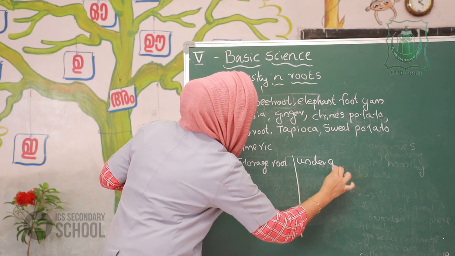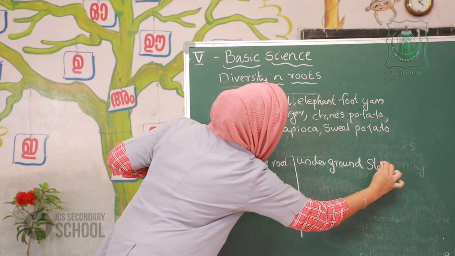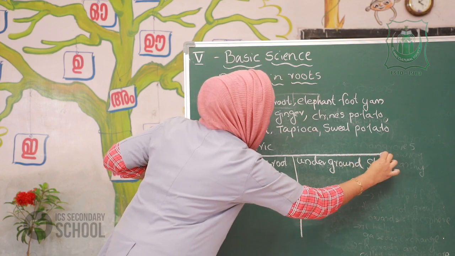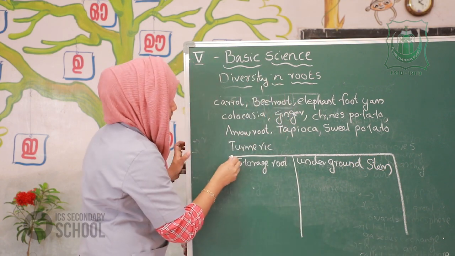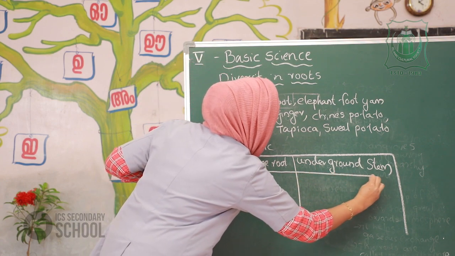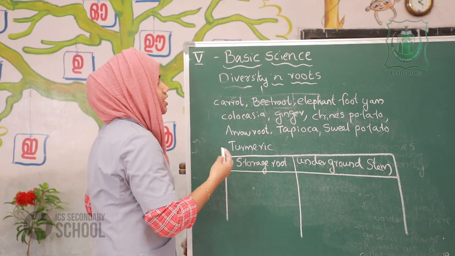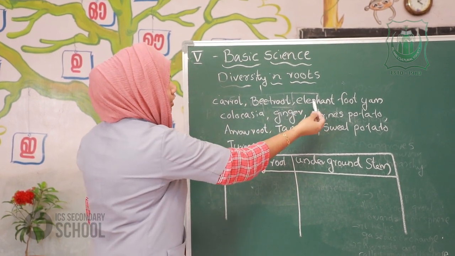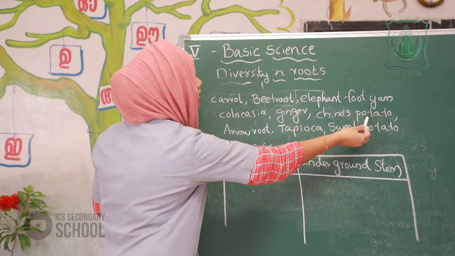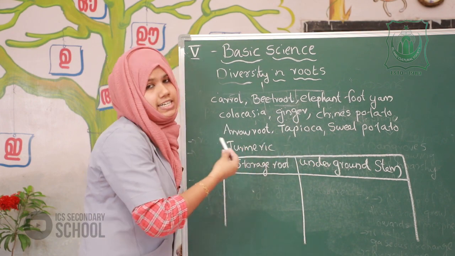Underground stem. So, different kinds of roots are there: carrot, beetroot, elephant foot yam, colocasia, ginger, Chinese potato, arrowroot, tapioca, sweet potato and turmeric.